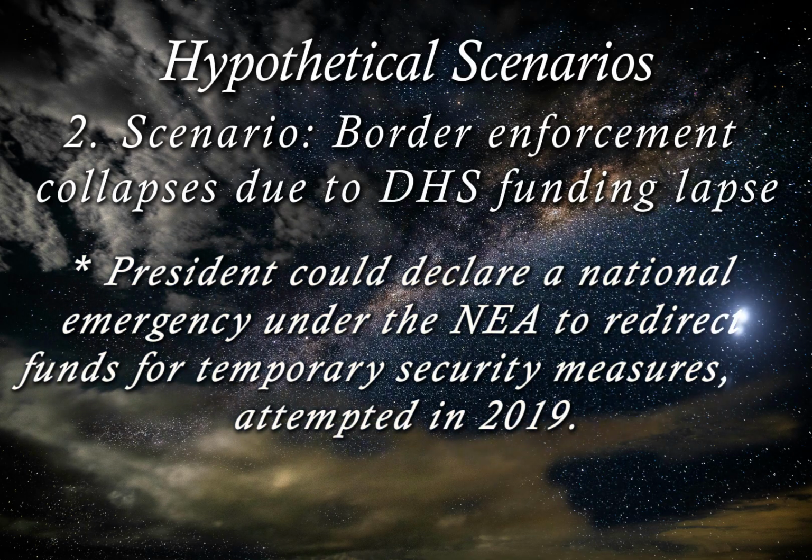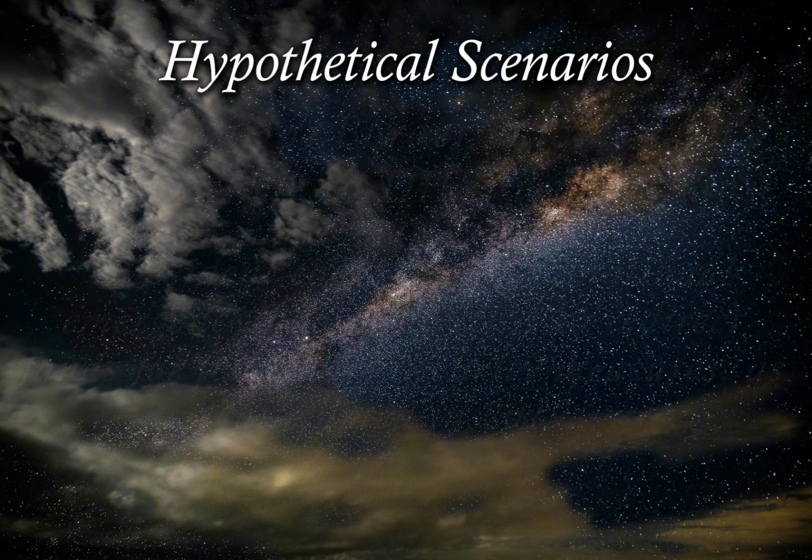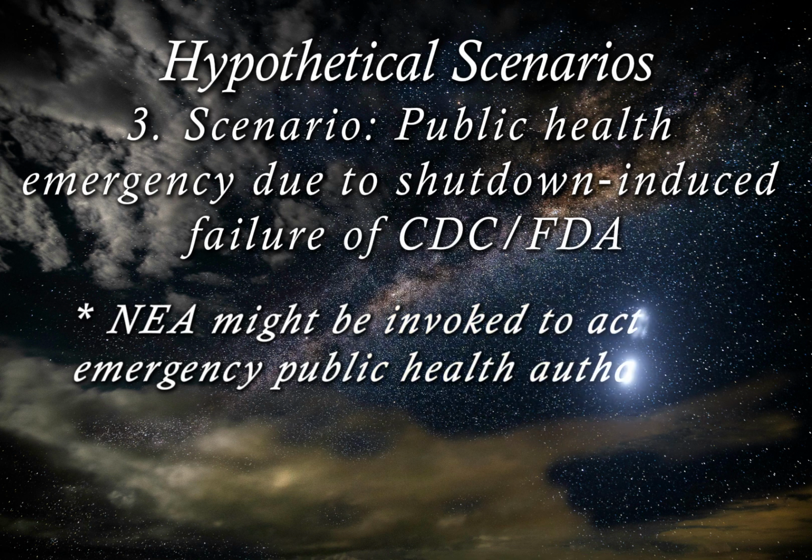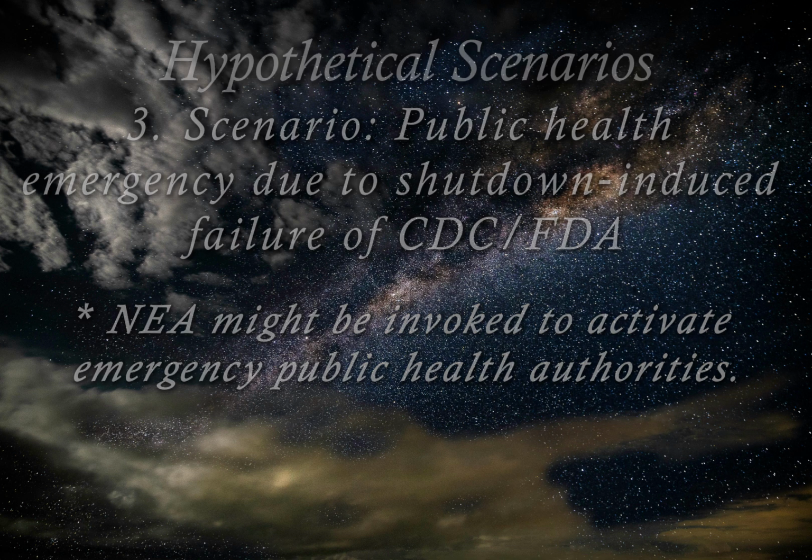The president could declare a national emergency under the NEA to redirect funds for temporary security measures, as attempted in 2019. 3. Scenario: public health emergency due to shutdown-induced failure of CDC/FDA. The NEA might be invoked to activate emergency public health authorities.